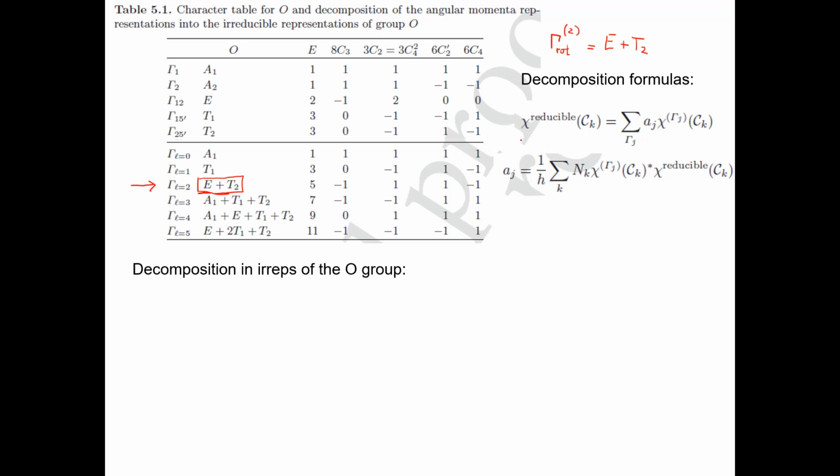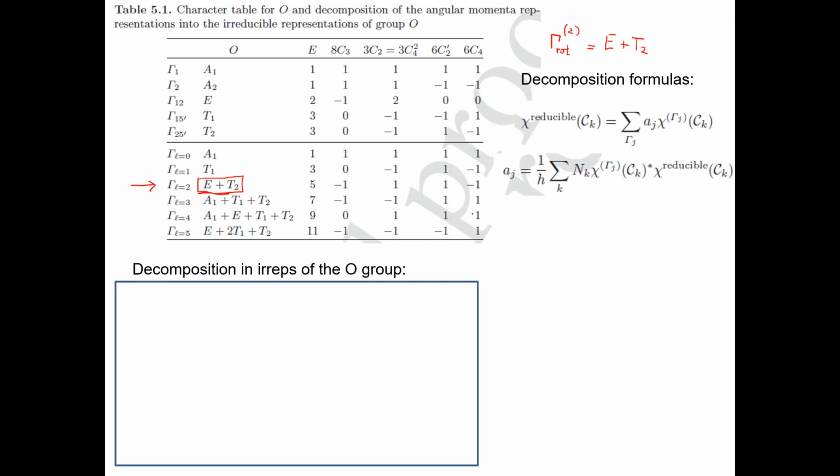If you remember, we can write the character for a reducible representation for any class as a linear combination of characters for the irreducible representations for the same class. And these integer coefficients A of j are simply obtained using this formula. So we can see how it goes for this specific case.